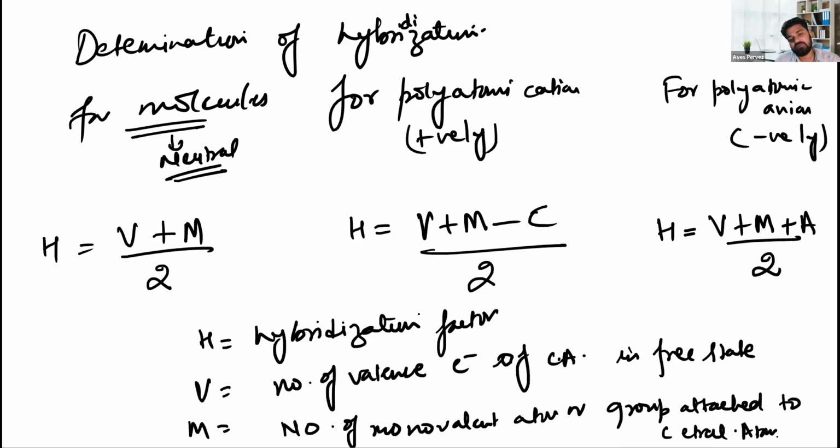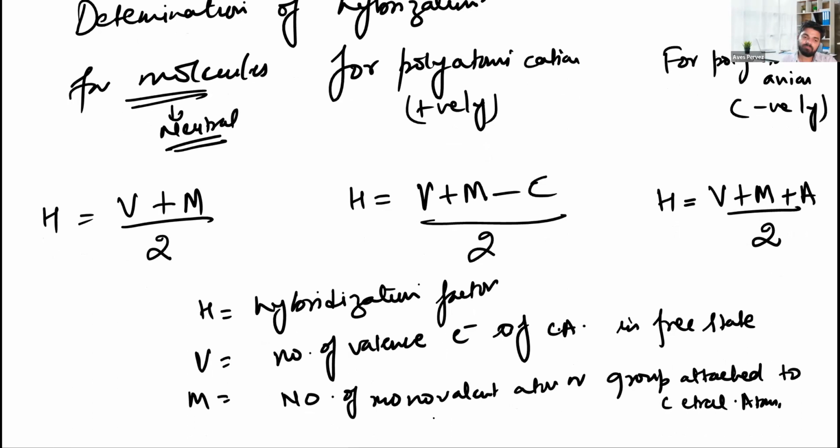Please note it down. Monovalent atom, you understood what is a monovalent atom? Like fluorine, chlorine, bromine, iodine, hydrogen. That is valency one.